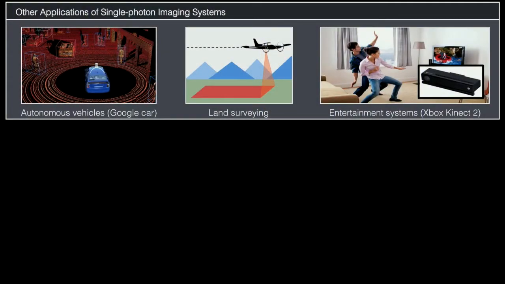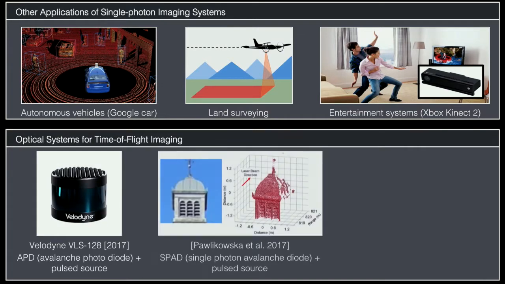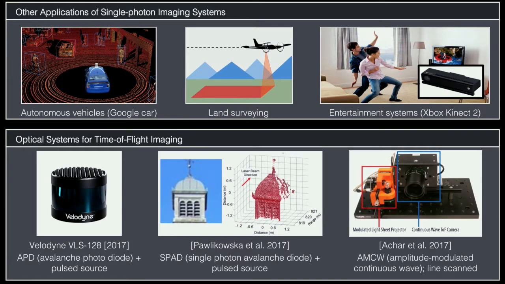So going back to this idea of 3D imaging, that's something that's being used pretty much everywhere in autonomous driving, in remote sensing, but also for entertainment. There are many different implementations of 3D cameras or active 3D cameras. For example, LiDAR systems. Research on SPAD-based LiDAR systems has now demonstrated, last year, up to a range of 10 kilometers or so.